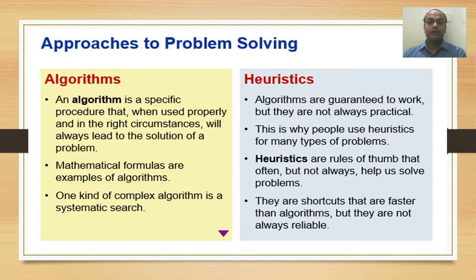Approaches to problem solving. Now let's look at what exactly an algorithm is. An algorithm is a specific procedure which, when used properly and in the right circumstances, will give you the definite solution to any problem.